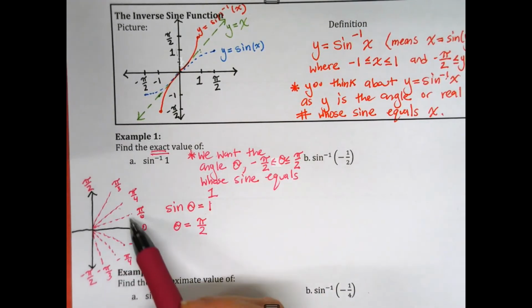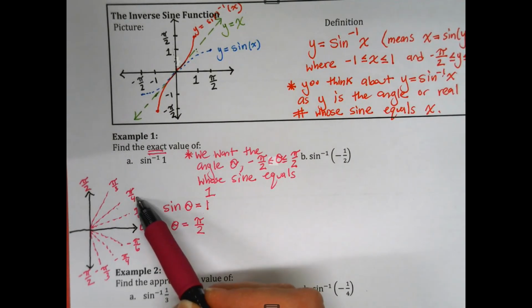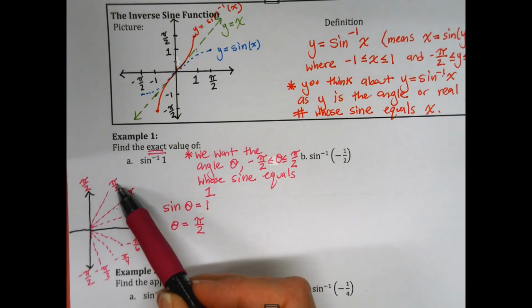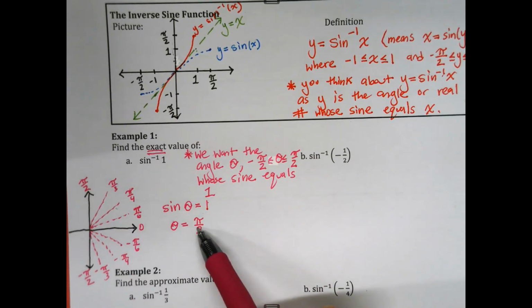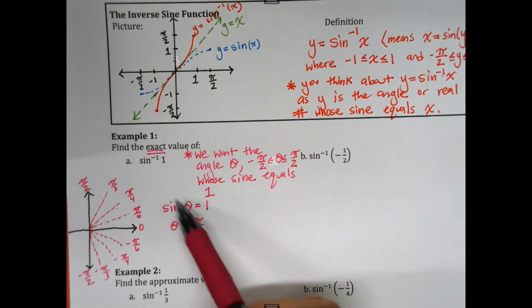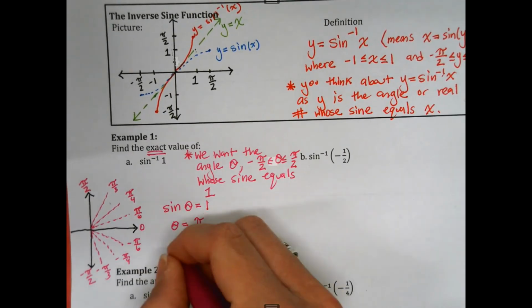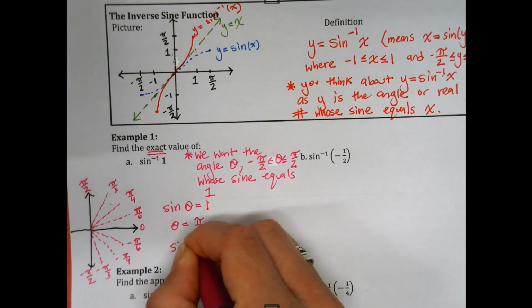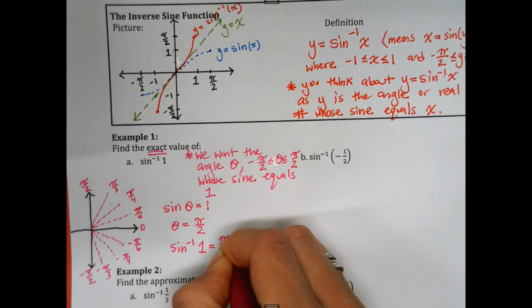Thinking back to the unit circle, here you have a height of 1/2, a height of the square root of 2 over 2, a height of the square root of 3 over 2, and then when we get to the top, our height happens to be 1. Therefore, the angle that makes this statement true would be pi over 2. Therefore, the inverse sine of 1 is pi over 2.